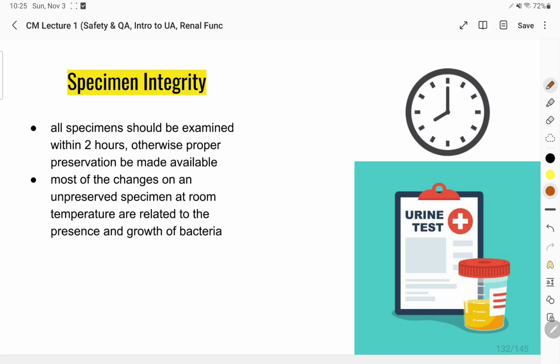Kay kung imong pasagdan ang urine specimen on a room temperature, imong bacteria ganahan manaug. Your bacteria can break down different substances and analytes present in your urine. One of it is your creatinine. Discuss na to sa previous na topic, di ba? Your creatinine is broken down by your bacteria.